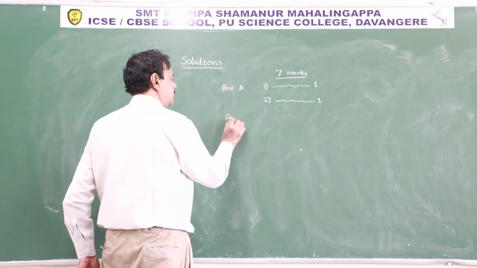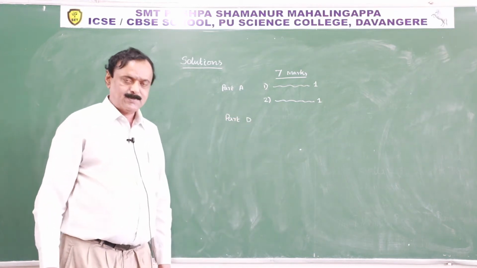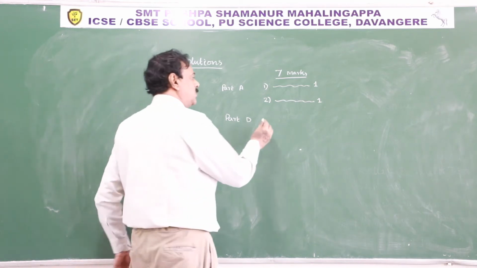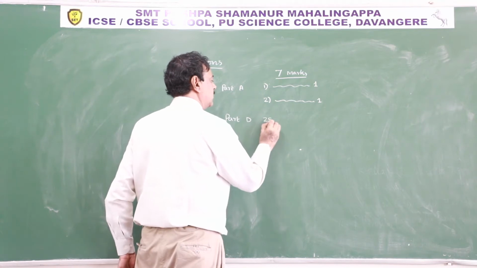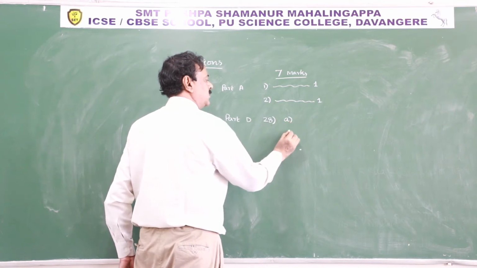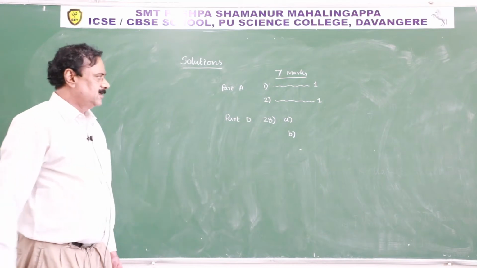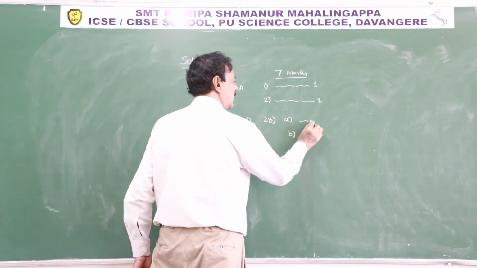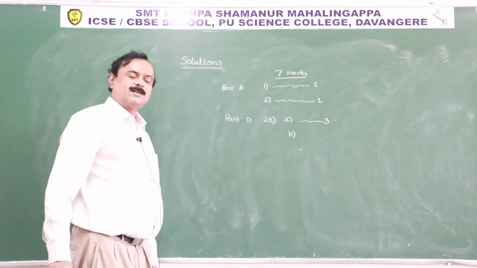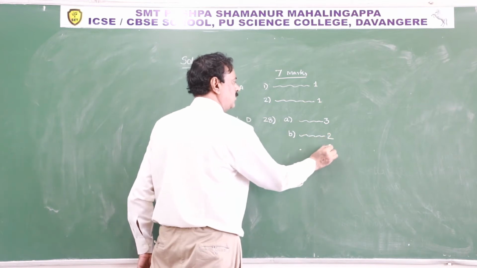And Part D usually has physical chemistry portions. Question number 28, usually the solutions chapter question, consists of 2 sub-questions. 28A, usually numericals, carries 3 marks, and 28B carries 2 marks.